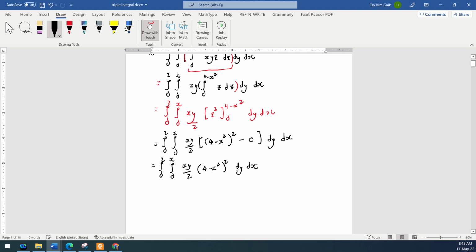So now it becomes a double integral. Integrate with respect to y where x is constant. They are in product form also, so all the x you can factor outside. So you have x over 2, then 4 minus x squared power 2. Then integrate y dy, dx.